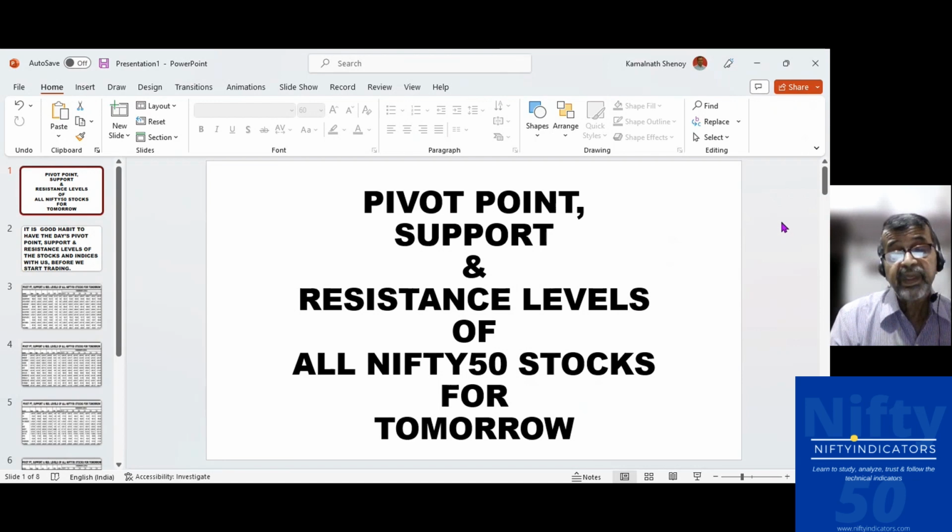So that is exactly where, although every day it is important, especially at such times it's important to have pivot points, support and resistance levels of all Nifty 50 stocks, Nifty and Bank Nifty with us.